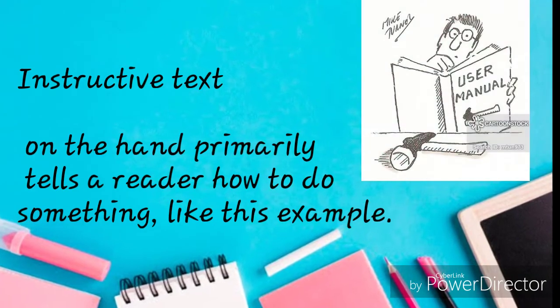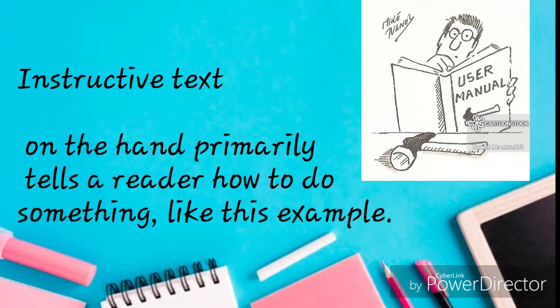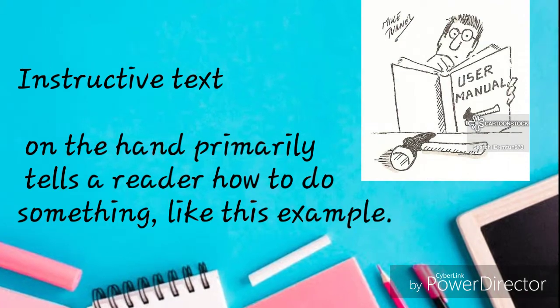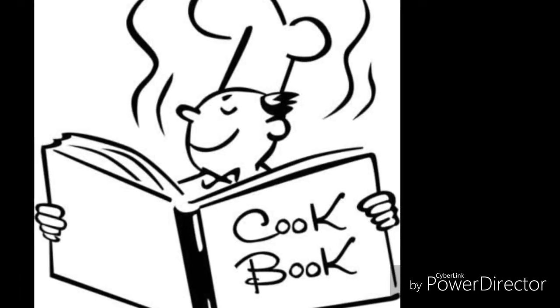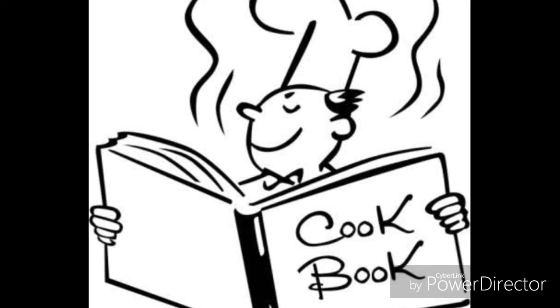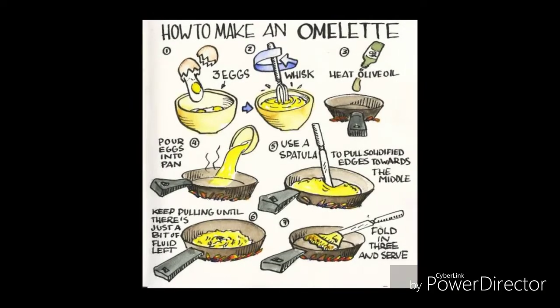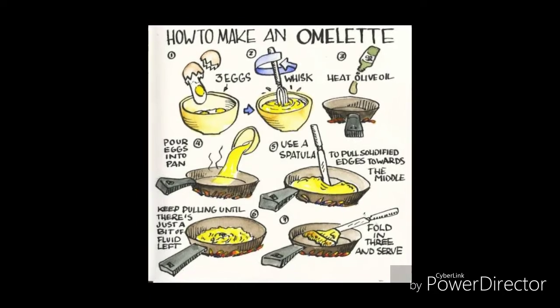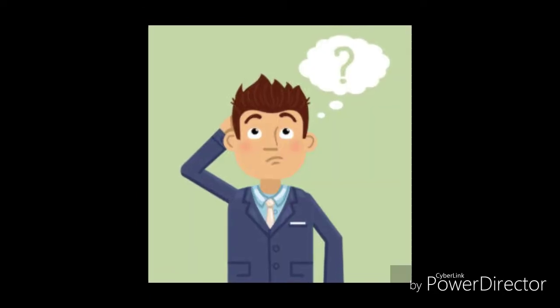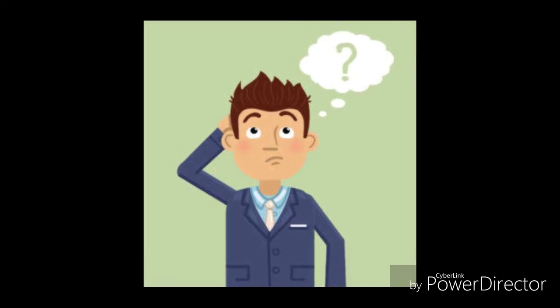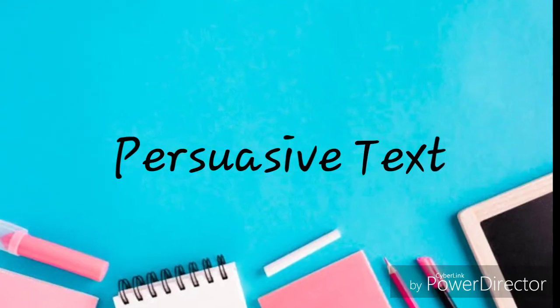Instructive text, on the other hand, primarily tells a reader how to do something. Like this example. Did you notice here how direct are the procedures in cooking a menu? That's why a how-to paragraph is also known as an instructive text. But when a text convinces a reader to believe or do something, that's a persuasive text.